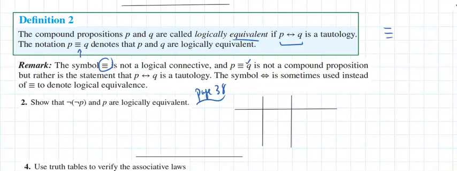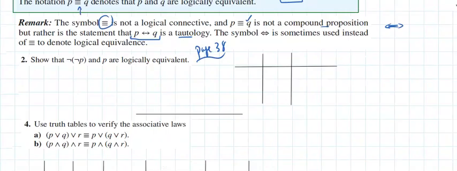And P is equivalent to Q is not a compound proposition, but rather a statement that P if and only if Q is a tautology. Something you need to remember as we go on. The symbol is sometimes used instead to denote logical equivalence. To us, we just have to realize what those are.